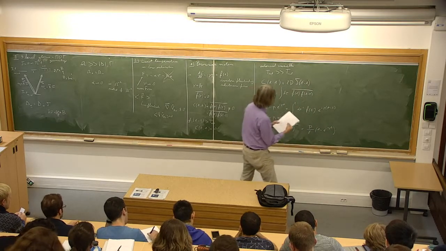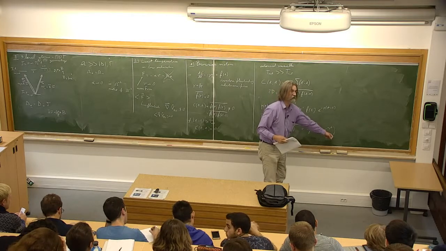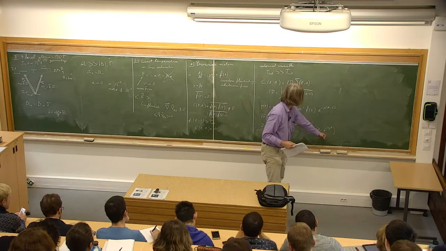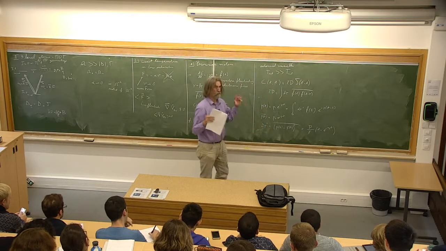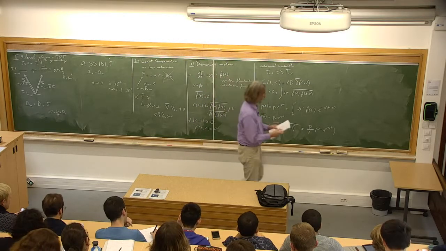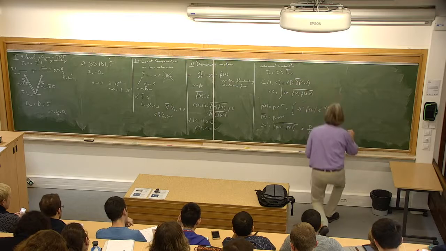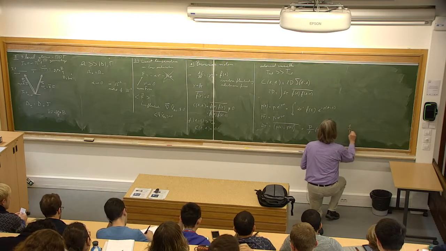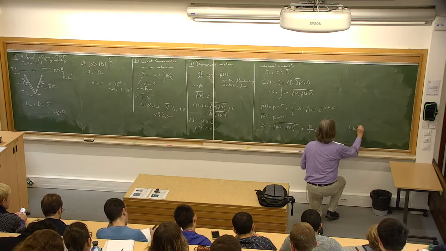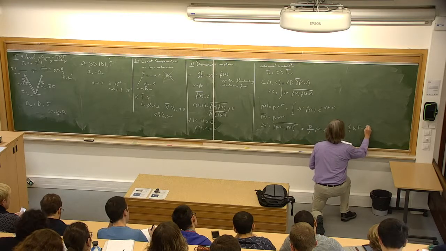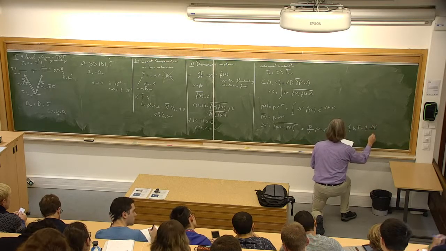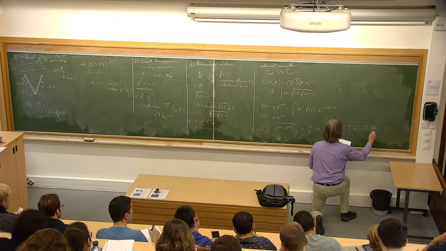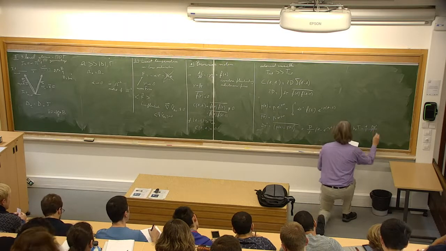which tells you that now if you wait long enough, so this term disappeared, and you end up with a temperature which is just 1/2 of kBT, which is 1/2 of delta p squared divided by m.